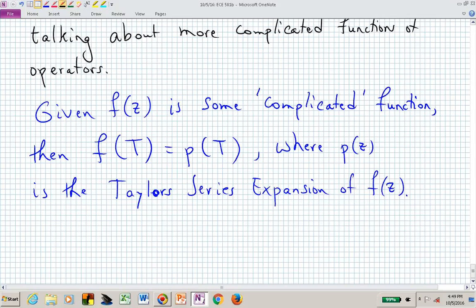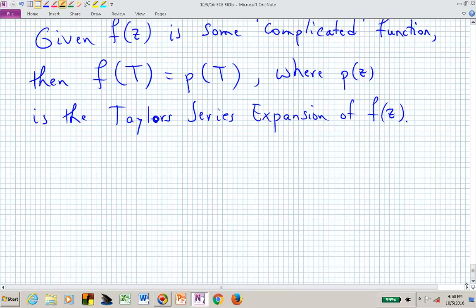So this complicated function may be weird, and it may be infinite dimensional, but we're going to approximate that with this Taylor series expansion in a polynomial sense. So we can make the approximation as close as we want by looking at more higher powers of this polynomial. Yes?